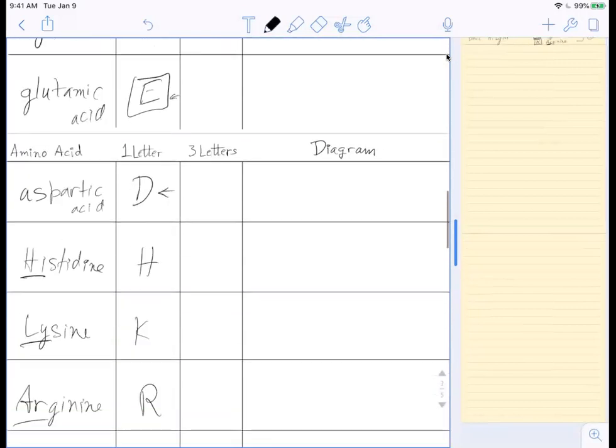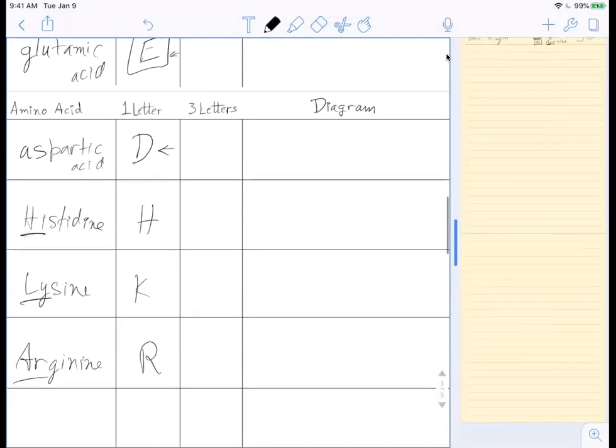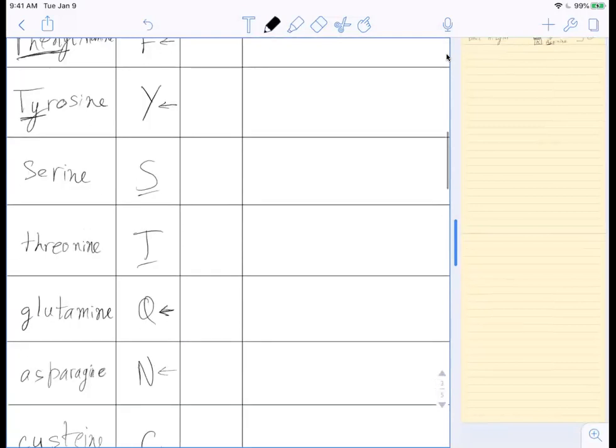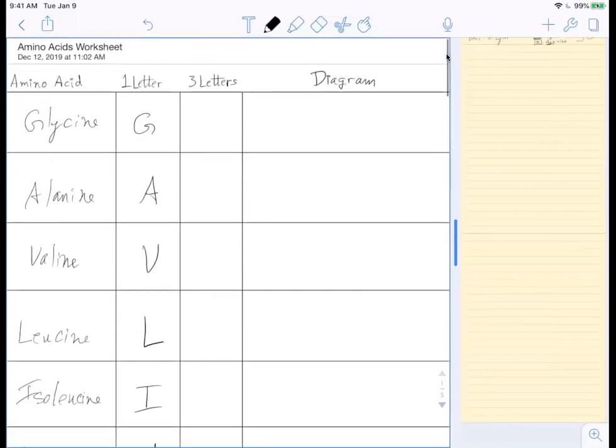We know 20 amino acids, hopefully, and we even know their one letter shorthand. Now the trick is memorizing the diagrams so we can recognize them when we see them. This is gonna be slightly harder, but with time it'll work out. So all of them have something in common, which is this structure. This is the basic structure of any amino acid, right?